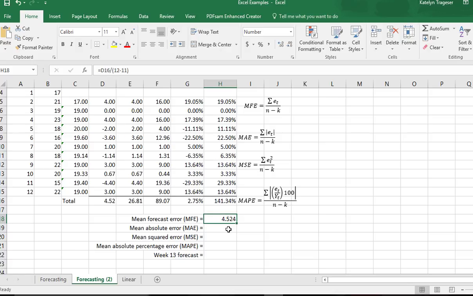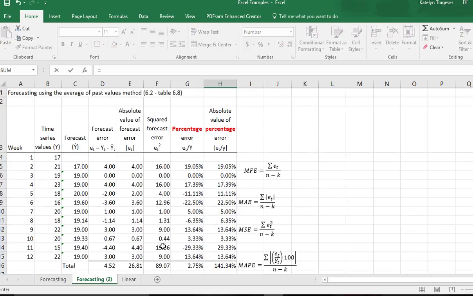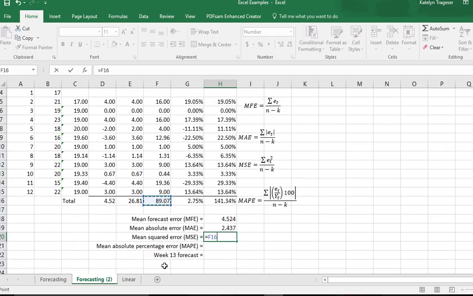Now mean absolute error, again, here's our equation, equals the sum of the absolute errors divided by n minus k, 2.437. Moving down, mean squared error equals the sum of our errors squared divided by n minus k, 8.097.